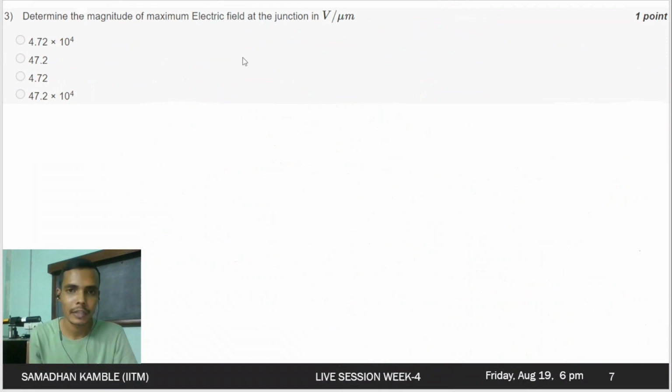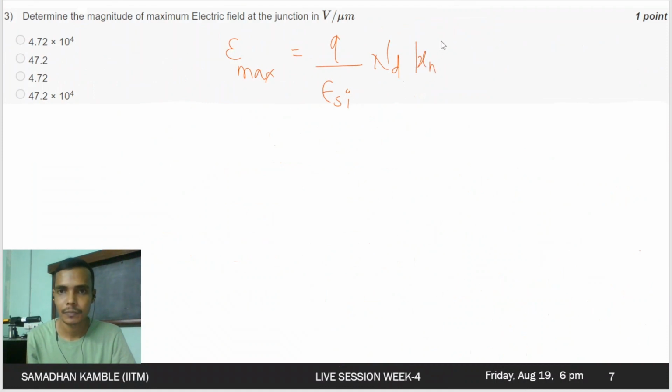So we can write that E max is nothing but Q over epsilon, in our case silicon, times the doping times the width. So on the n side, Nd is the doping concentration, xn is the width on the n side. So we can substitute the values.